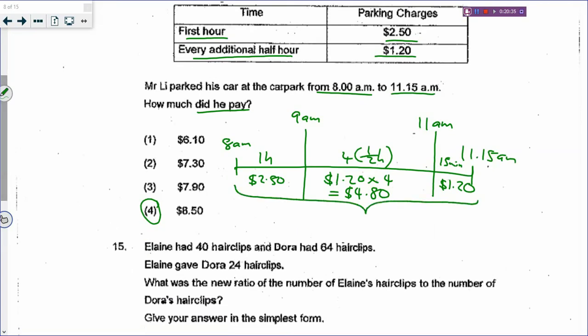So you take $4.80 plus $1.20, $6. $6 plus $2.50, how much is that? You get $8.50. So the total money is $8.50. Okay, so you use a timeline to represent.